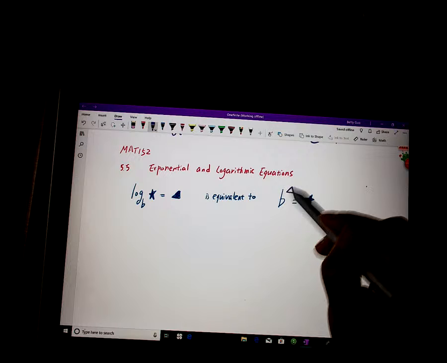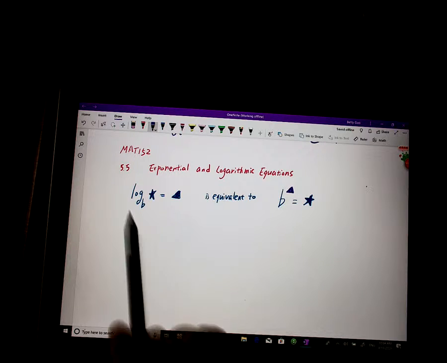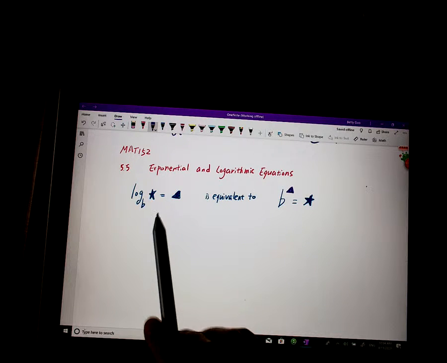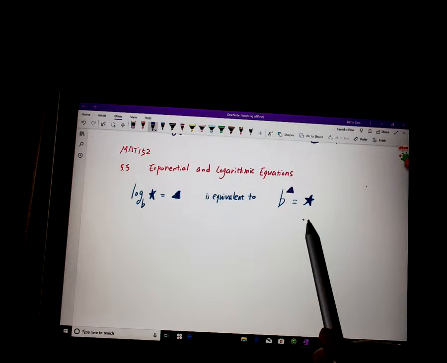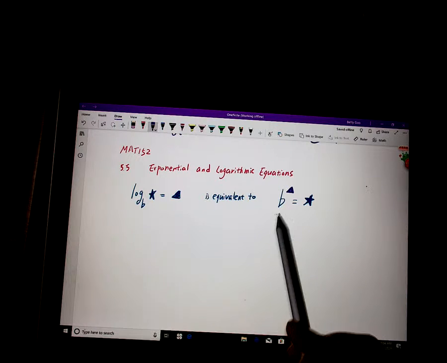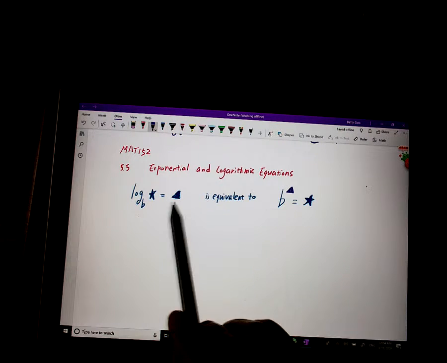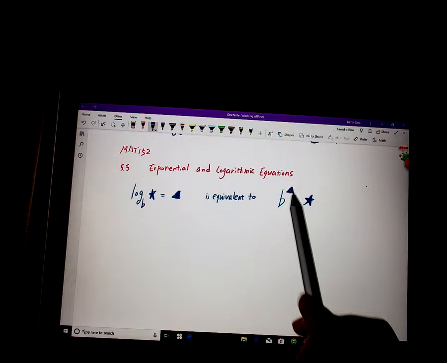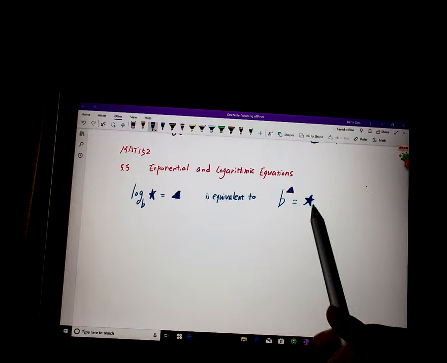And that might be a good reminder of how to convert from the logarithmic form to its equivalent exponential form. You take the base b and then raise the base b to the power of log. He's carrying a log and equals the anti-logarithm.